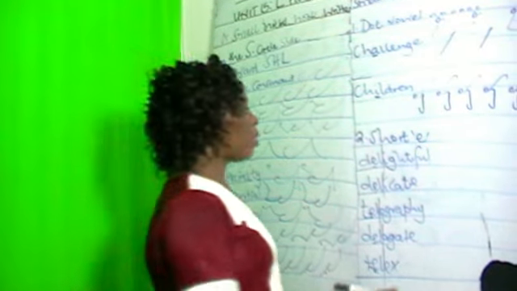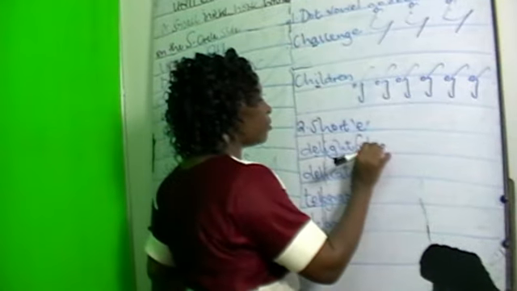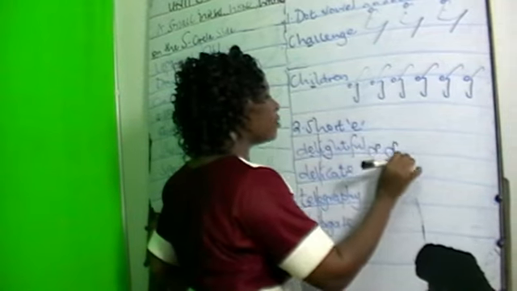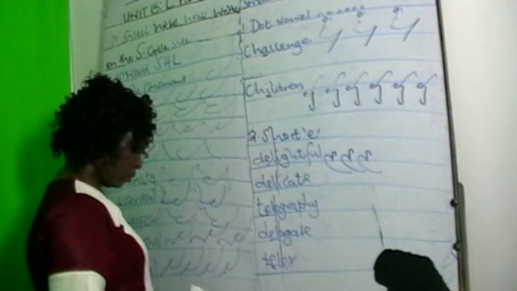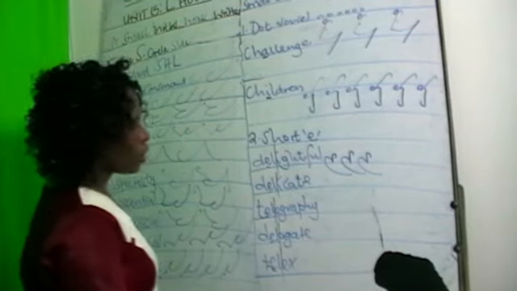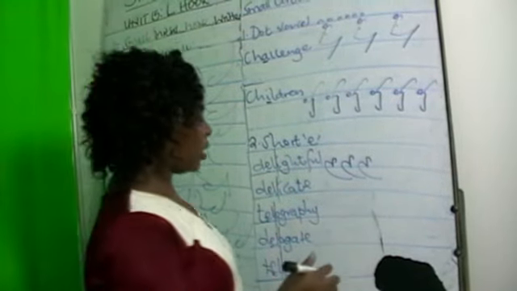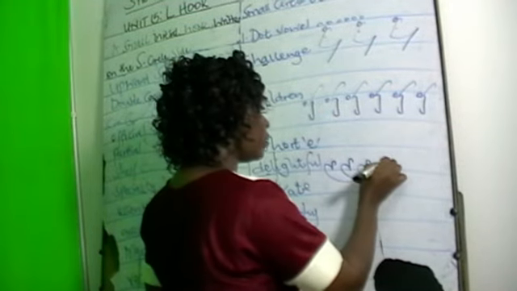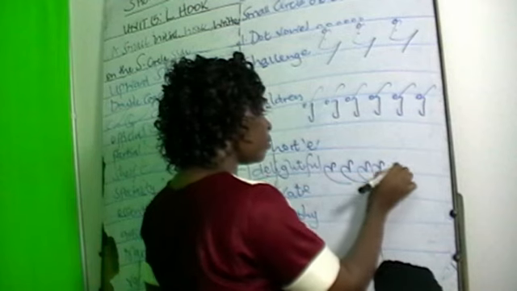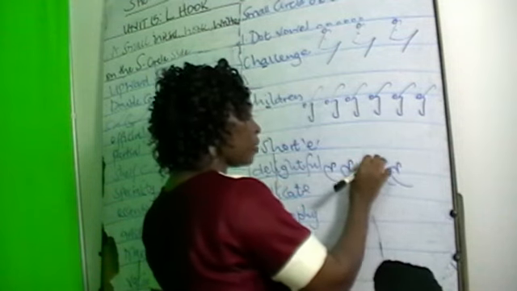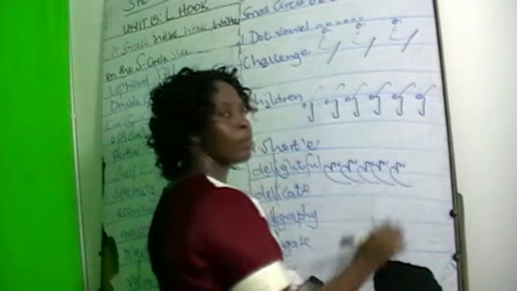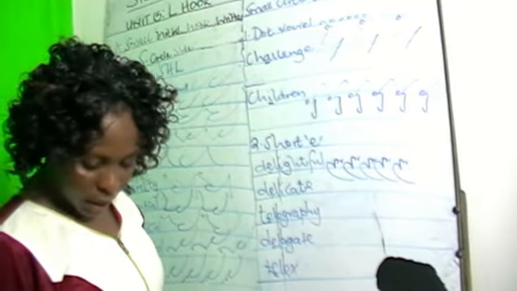As we said, we have the word delightful. This is how we drill the word delightful. So we drill it there, and we have a diphthong I there.